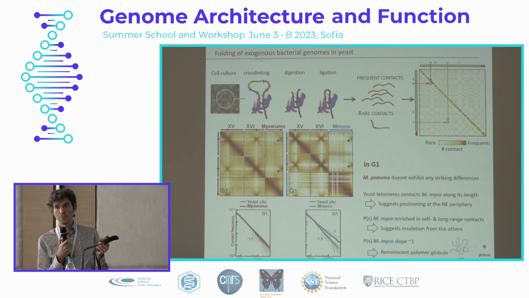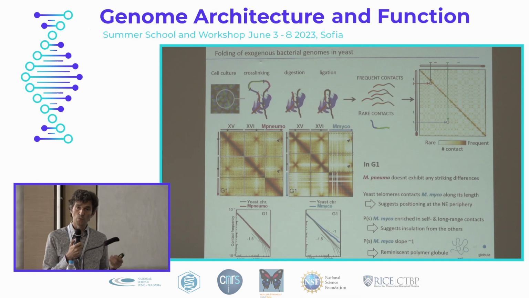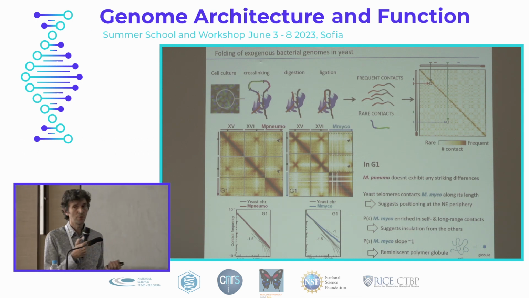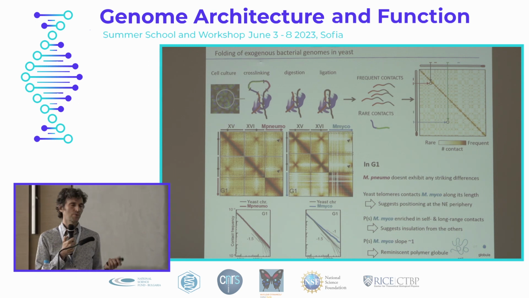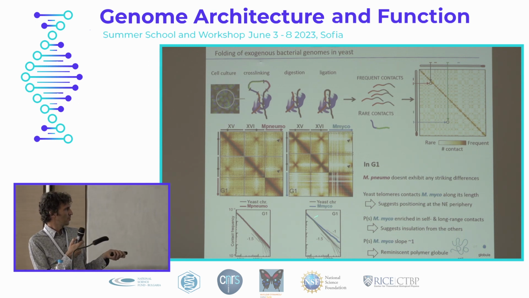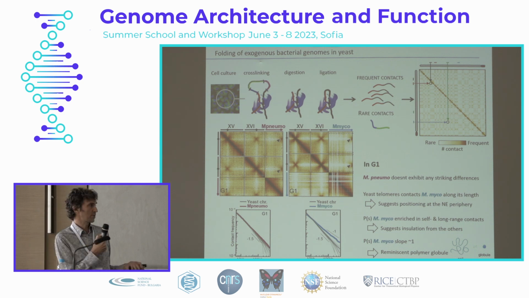But then if you go to the Mycoplasma mycoides strain, where the chromosome of M. mycoides is not really transcribed at this stage, you can see now that the slope of this contact frequency curve is closer to -1, whereas the other native yeast chromosomes are still behaving as expected.